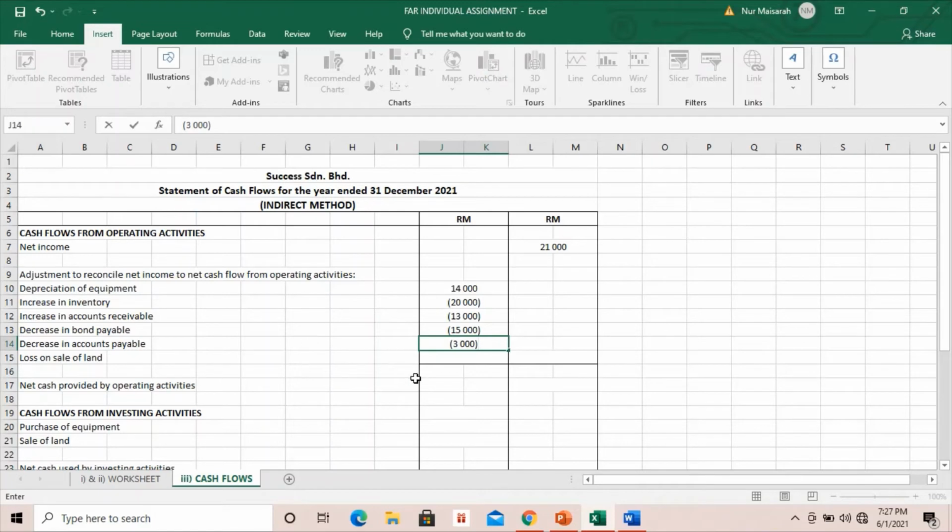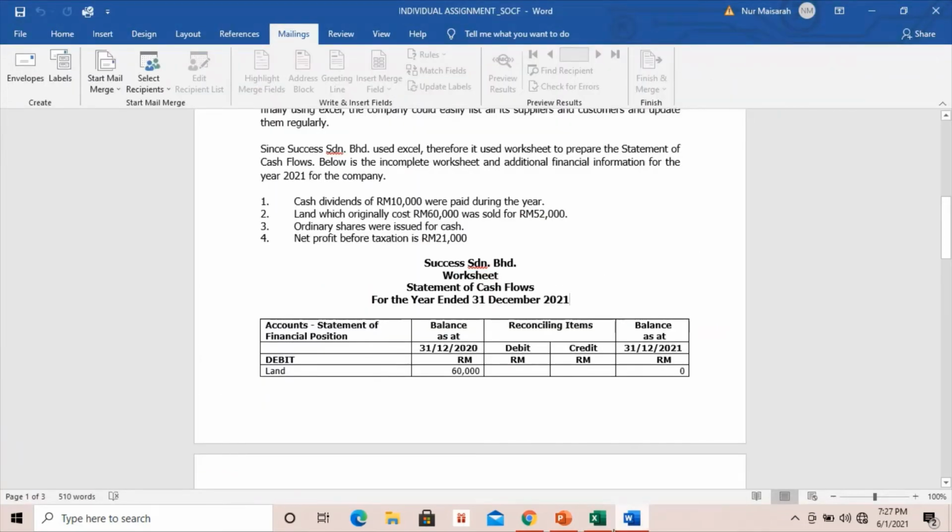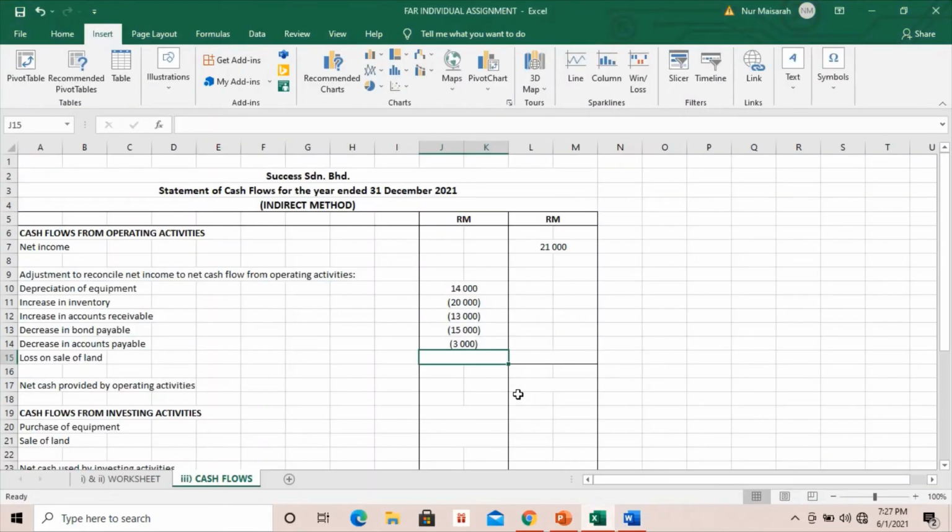And then lastly is loss on sale of land. For the loss on sale of land, we will see the additional financial information. The land, which originally cost 60,000, was sold for 52,000. So this company has lost about 8,000. So the amount of loss on sale of land is 8,000.